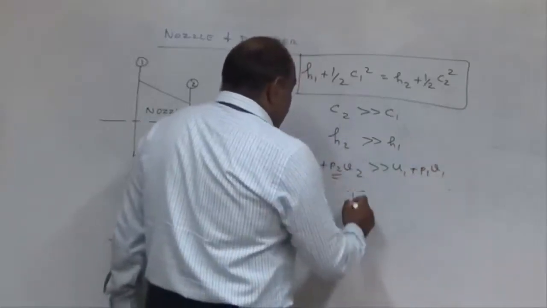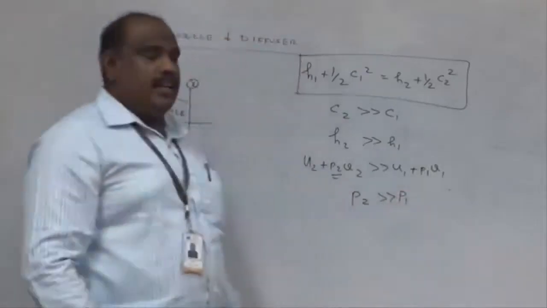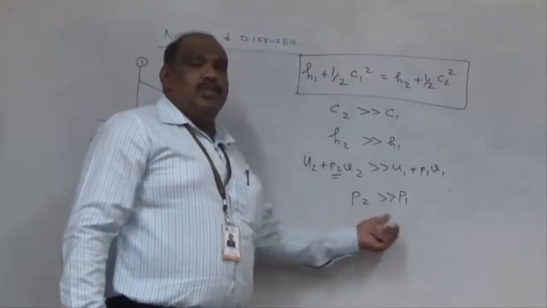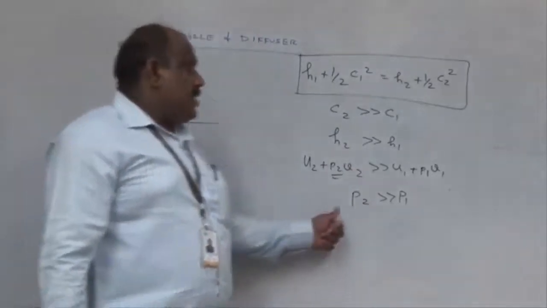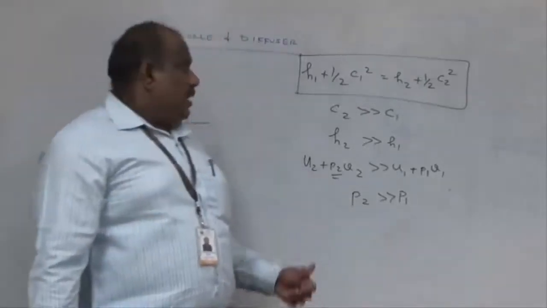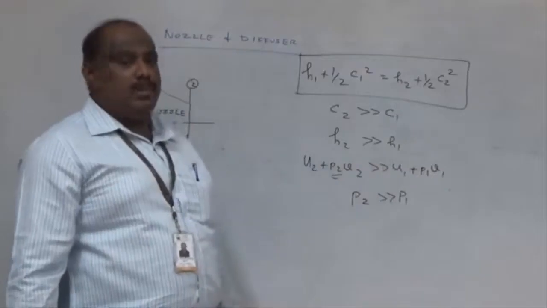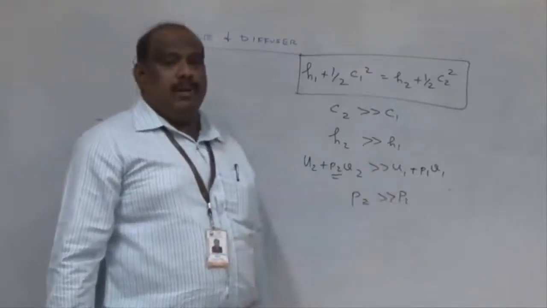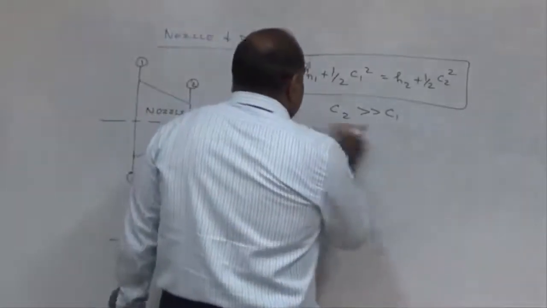So my primary objective is that P2 should be more than P1. The diffuser is a device which is used to increase the static pressure. So don't feel there is no pressure term; the pressure term is hidden inside the enthalpy term. So our objective of the diffuser is that P2 should be greater than P1. Okay, very good.